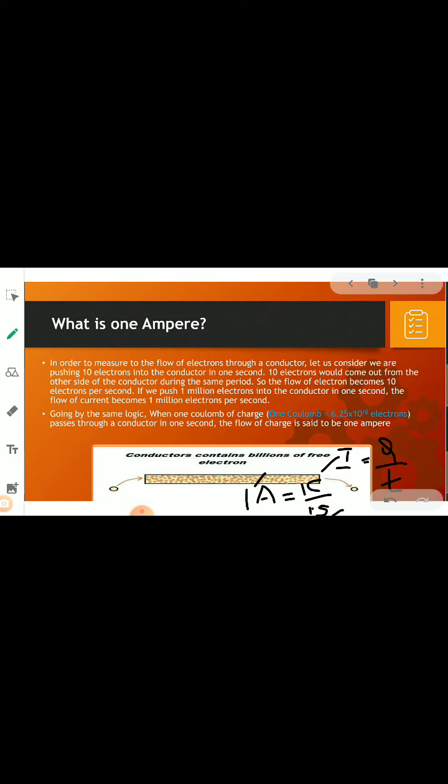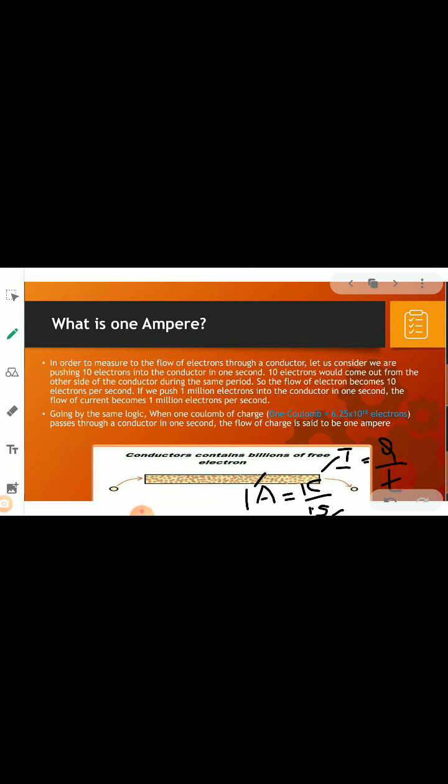You have to remember this definition, which is important for 1 mark. The question may be what is 1 ampere, or define the SI unit of current. If they ask what is the SI unit of current, you have to write only that the SI unit of current is ampere or coulomb per second.